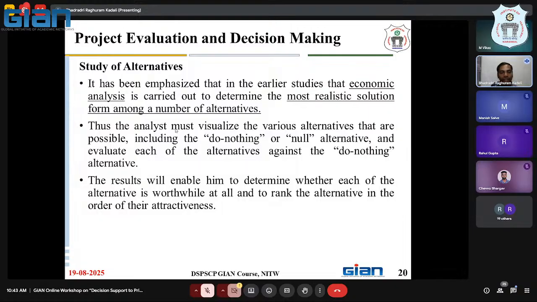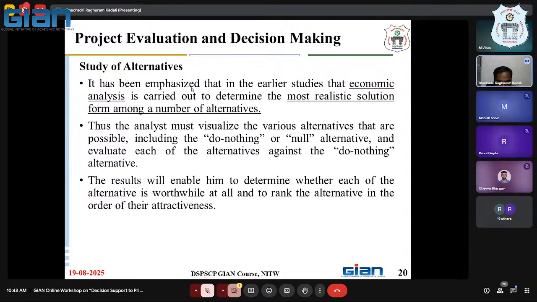So then, how do we take a decision with respect to this method of economic evaluation? Economic evaluation is carried out to determine the most realistic solution among a number of alternatives, starting from the do nothing or null alternative. There are several other alternatives, like what we saw yesterday, where you have four different alternatives.